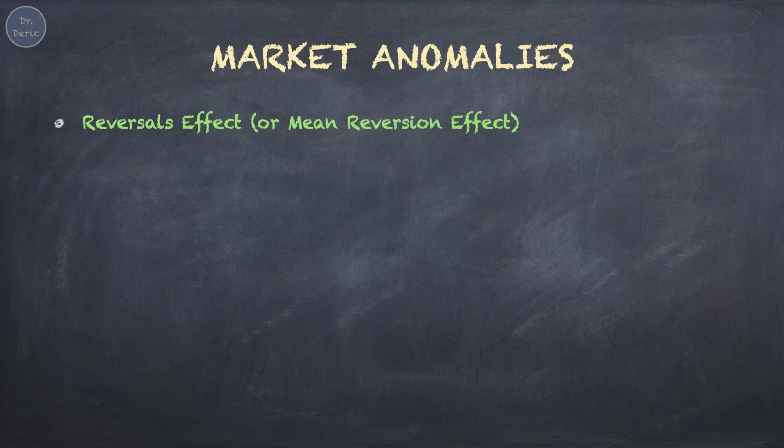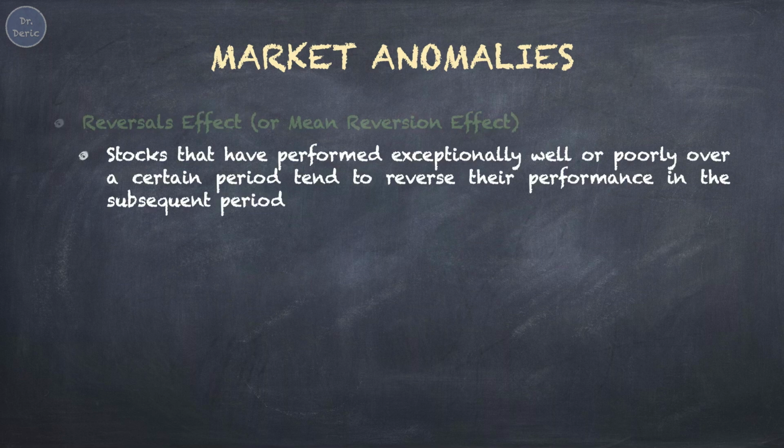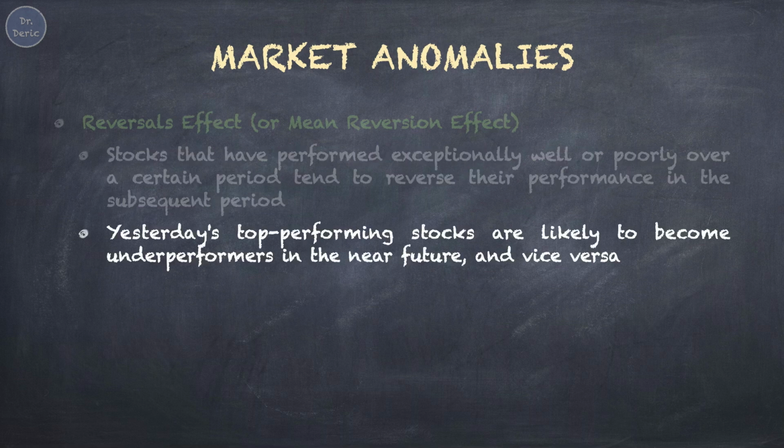Sixth, reversals effect, also known as mean reversion effect. This is an anomaly observed in financial markets, where stocks that have performed exceptionally well or poorly over a certain period tend to reverse their performance in the subsequent period. In other words, yesterday's top-performing stocks are likely to become underperformers in the near future, while yesterday's underperformers may become tomorrow's top performers.